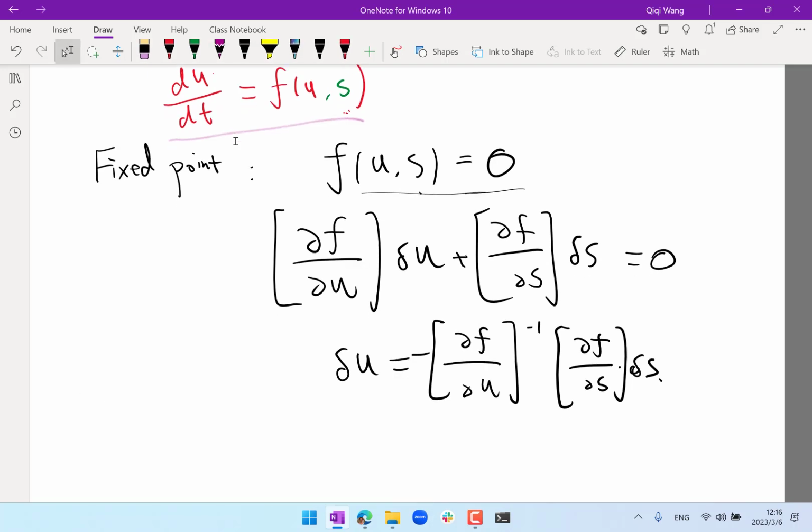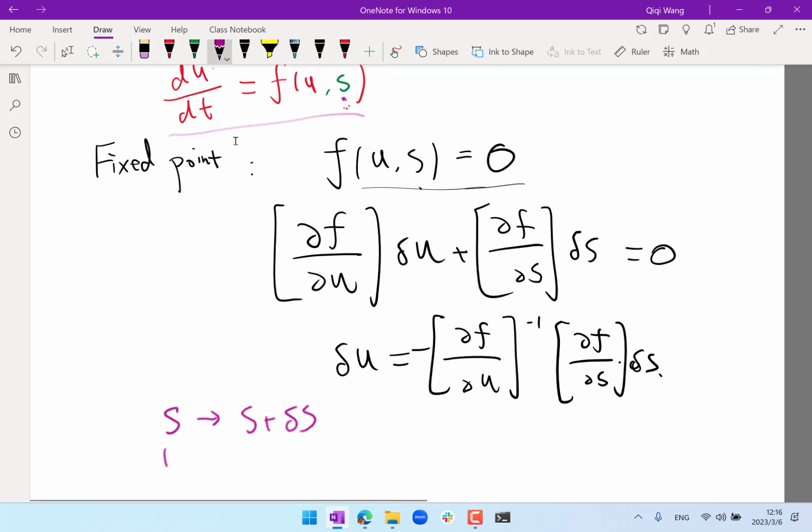If by changing the parameter s to s plus delta s, my solution u goes to u plus delta u, let's see what the governing equation for delta u is. As we're going to see, it is very similar to the tangent equation that describes a small perturbation in the initial condition, but there is an additional term.